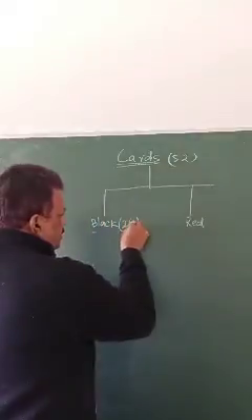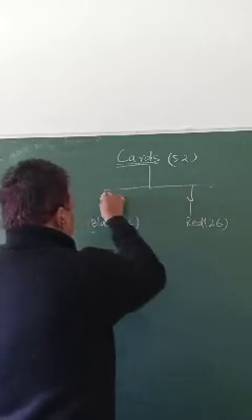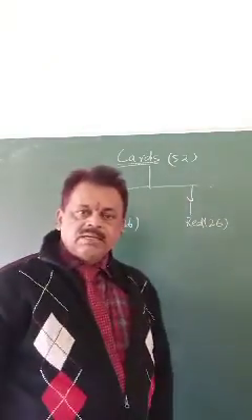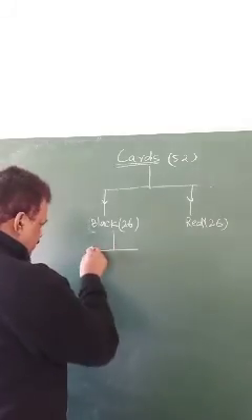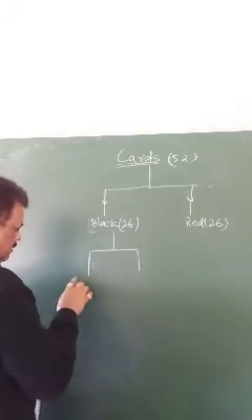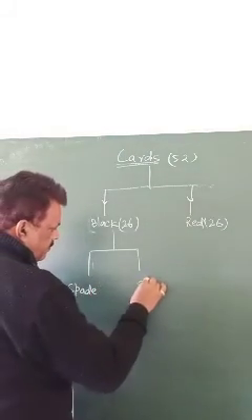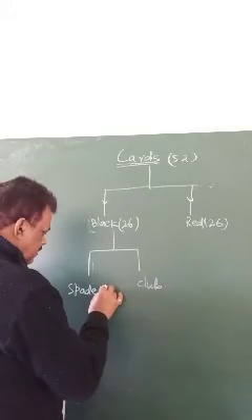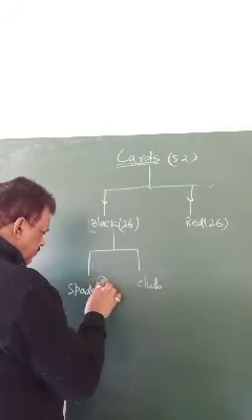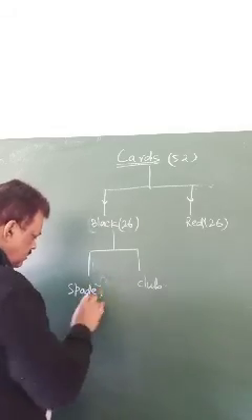This is 26 and this is 26. Even black has two parts: spade and club. Spade is like this. Let's draw it here.